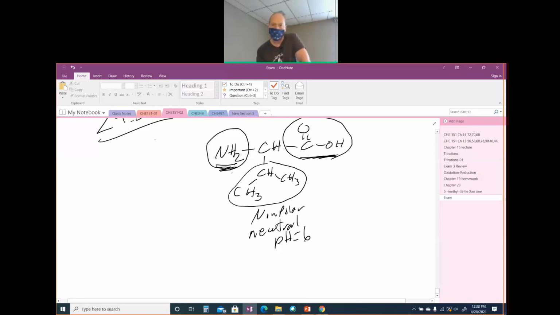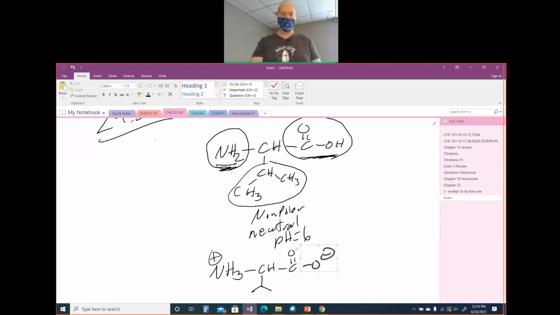And so what it does is an internal acid-base reaction where the base takes the proton, the H plus, and the acid donates the H plus, and so you're left with NH3 that has a charge of +1, and you have your C double bond O with your O with a minus charge after it loses the H. So a neutral amino acid can be written with all the formal charges of 0, as shown first, or you can show the Zwitterion form, where you show the positive nitrogen and the negative oxygen.